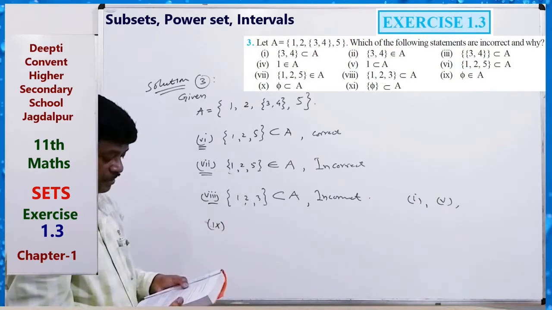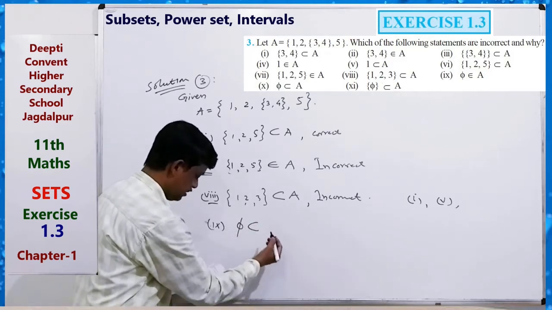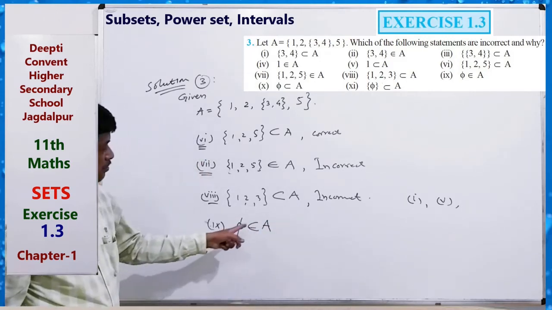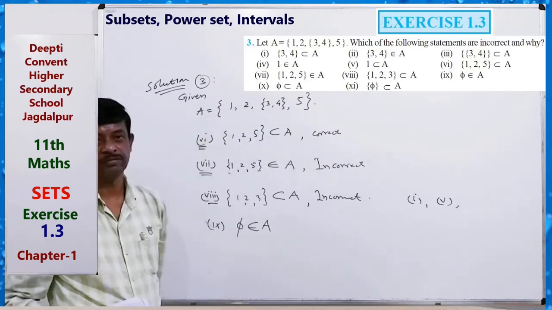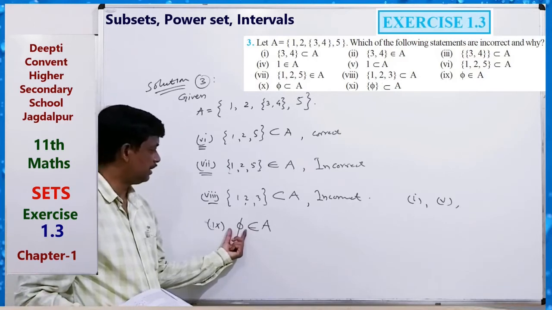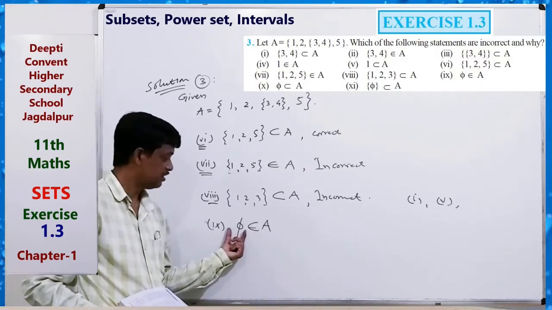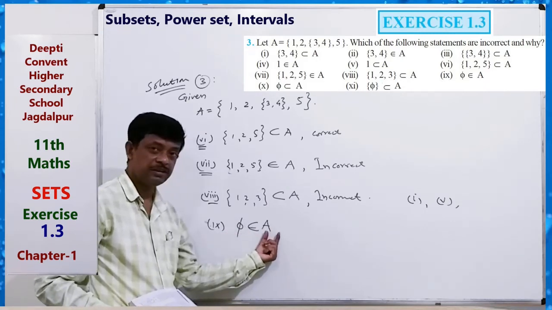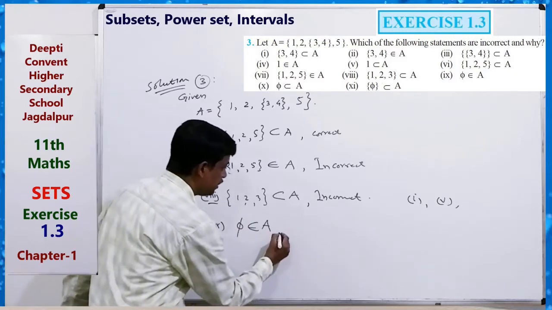9. 5 subset of A. 5 belongs to A? No, 5 is itself a set. So this belongs to A. Incorrect. Okay.